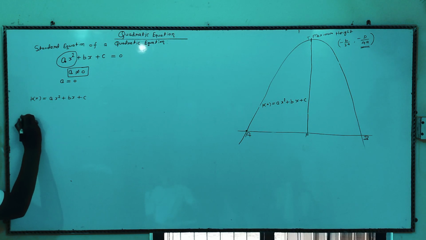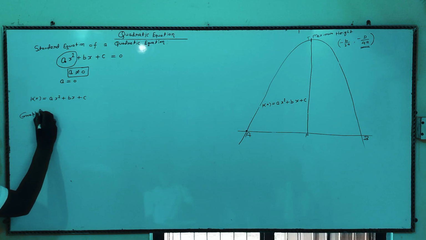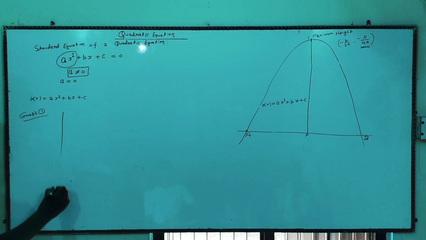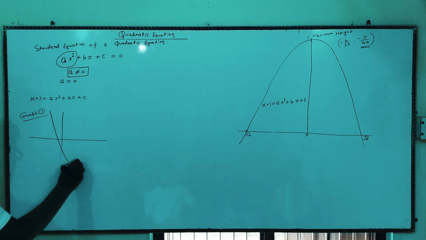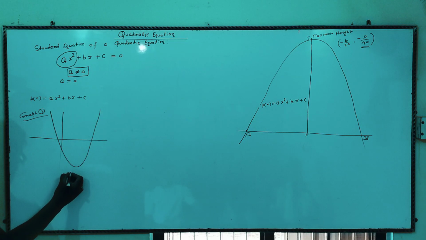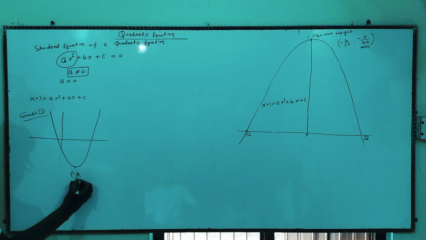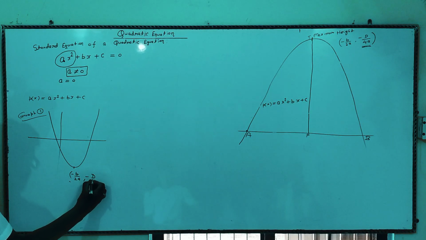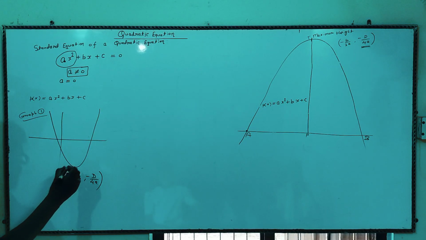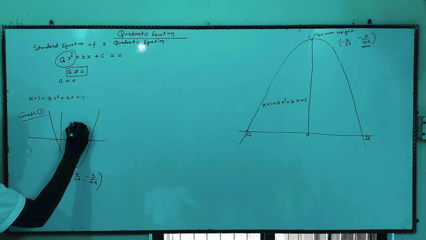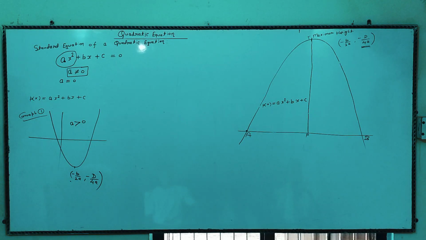Graph 1 will be a parabola opening upwards like this, and the vertex of this point will be minus b by 2a and minus d by 4a. I am telling you all the things slowly. And this is for a greater than 0, when the value of a is greater than 0.